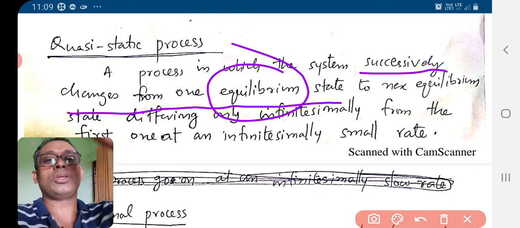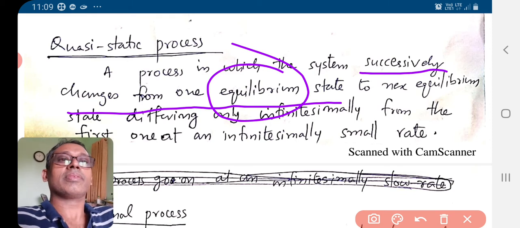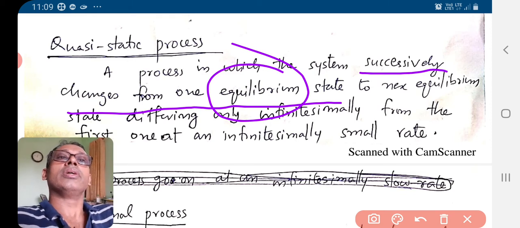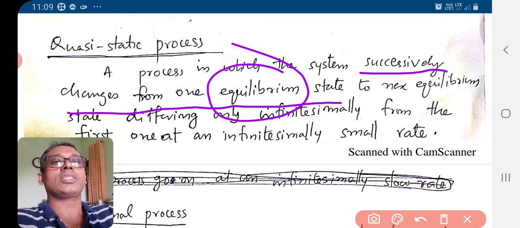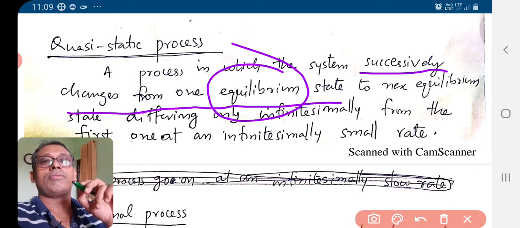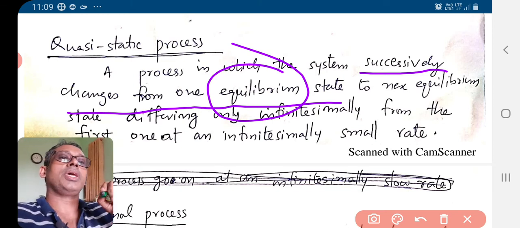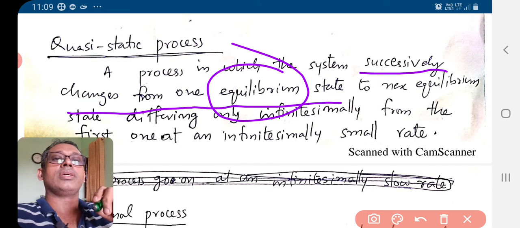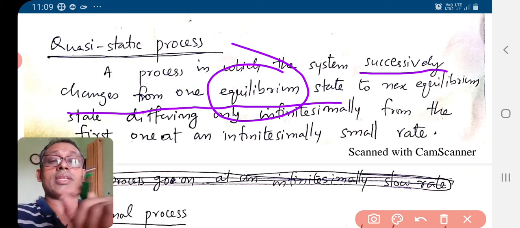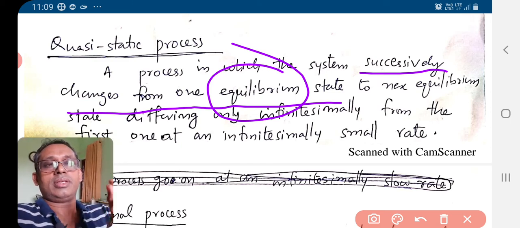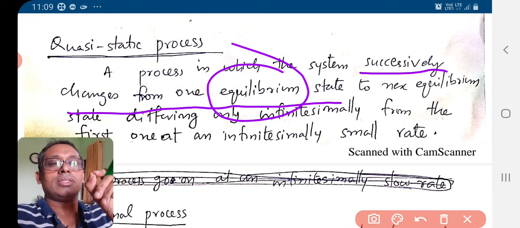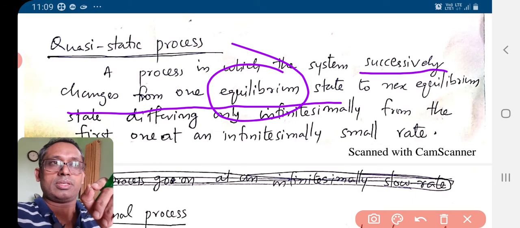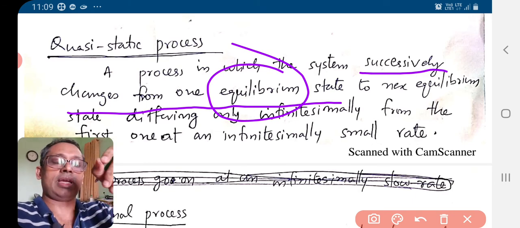A process in which the system successively changes from one equilibrium state to the next equilibrium state, differing only infinitesimally. We know what is meant by thermodynamic equilibrium. The thermodynamic variables specifying the state change by a very small, infinitesimally small amount.